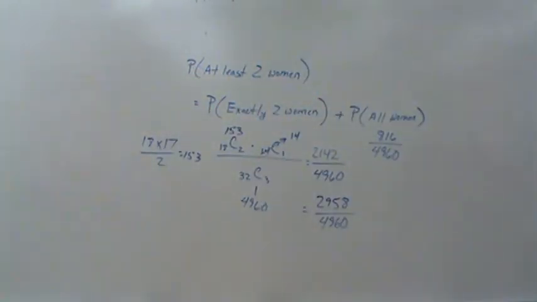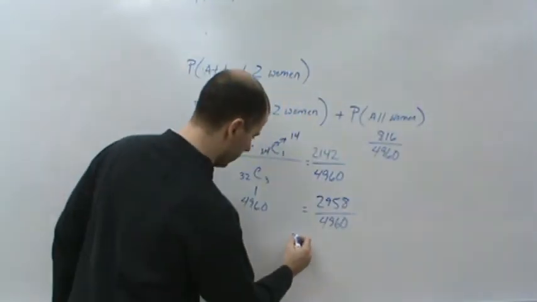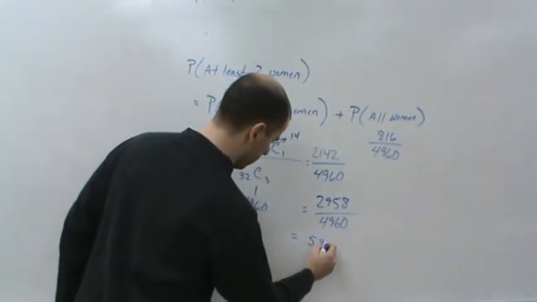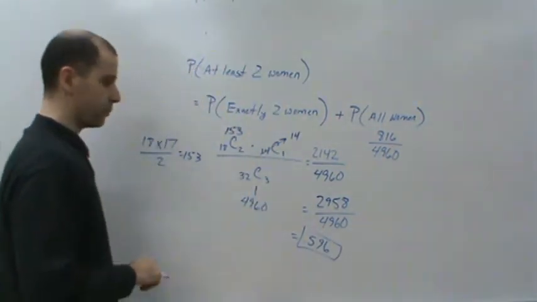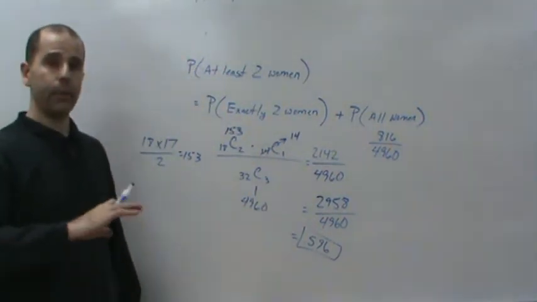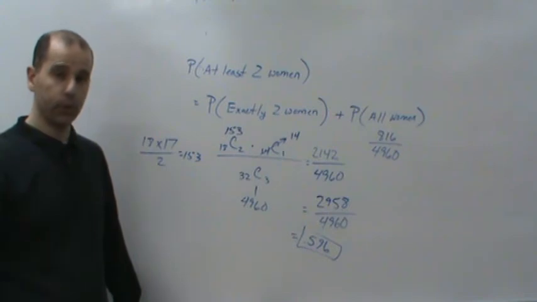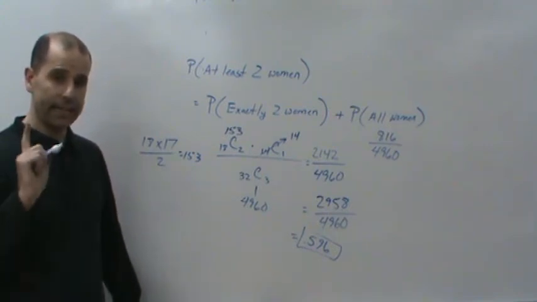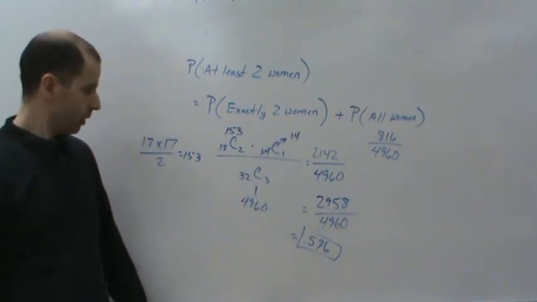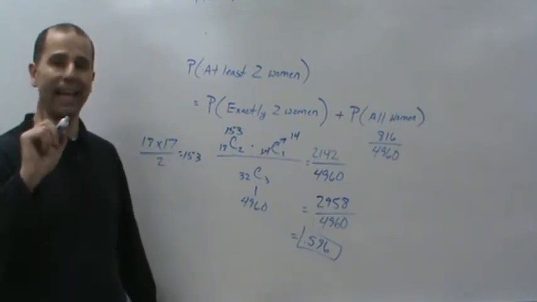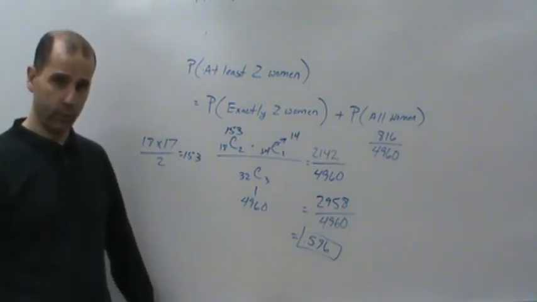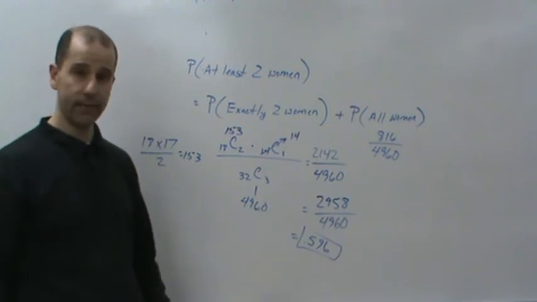And what's that probability? 0.596. So that's the probability that if I randomly selected 3 people to go to this conference, that exactly 2 of them would be women. Or excuse me, that at least 2 of them would be women. So that would be 0.596.